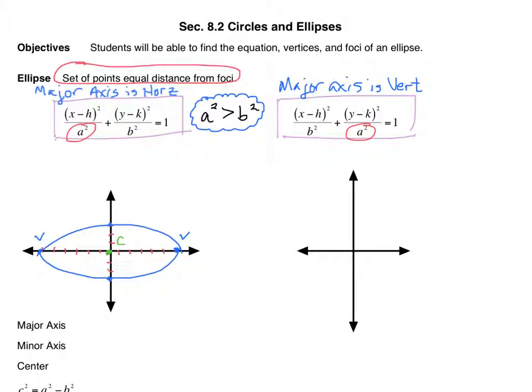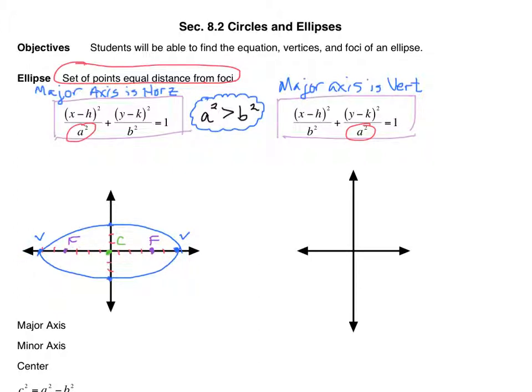Not too bad. And then in addition to that, we're going to have foci. So we're going to put our foci 4 to the right and 4 to the left. These foci are the same distance from the center, right and left, just as the vertices are the same distance from the center, right and left.